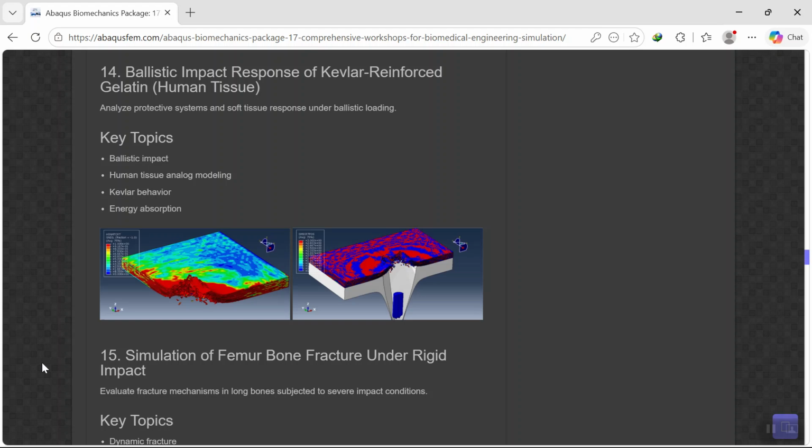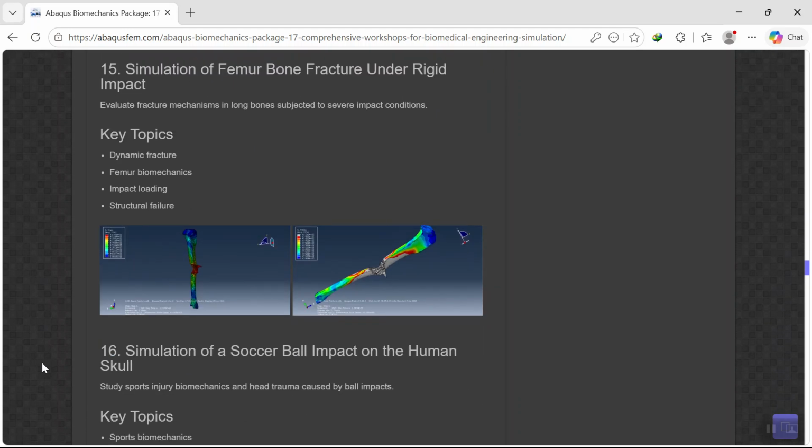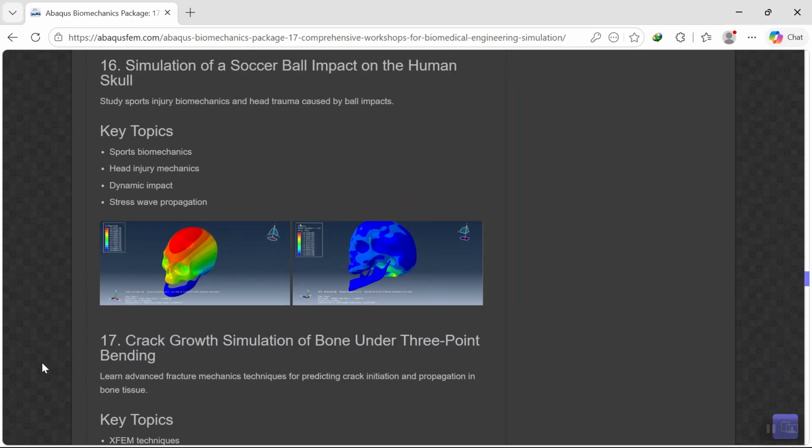There is also a simulation of a ball. Here you can see the ball here. The ball impacts the human skull here. It helps users understand sport-related injury mechanisms.